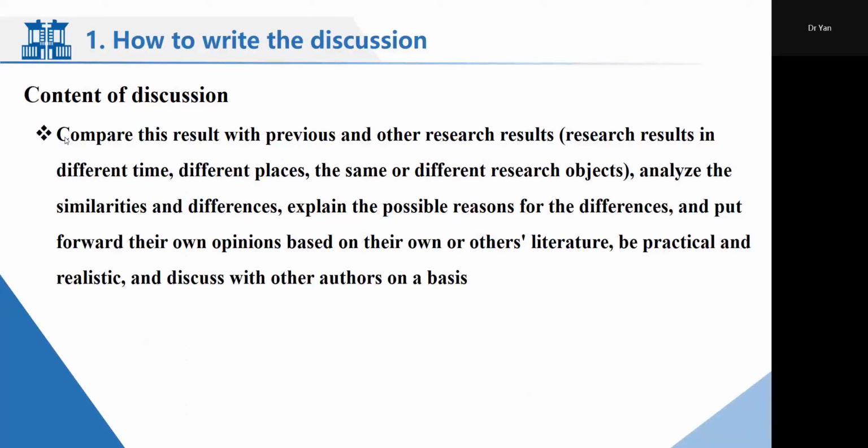Analyze the similarities and differences, explain the possible reasons for the differences, and put forward your own opinions based on your own or others' literature, being active and realistic, and discuss with other authors on that basis.